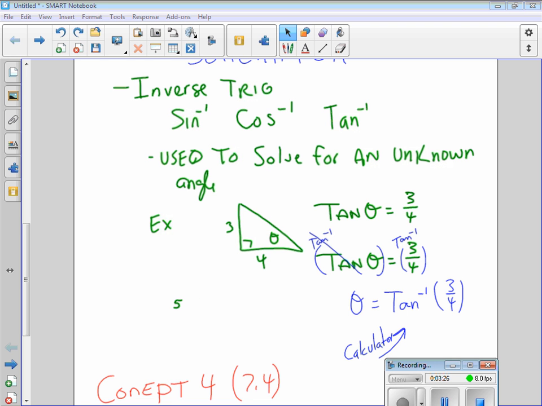Looking at the pieces relative to this angle, I see an opposite and an adjacent side, so that's a tangent function. Tangent of theta is equal to 3 over 4. Simply apply the inverse tangent to both sides, and I find theta equals tangent inverse of 3 over 4, and then I just type that in my calculator and find out what the angle is.